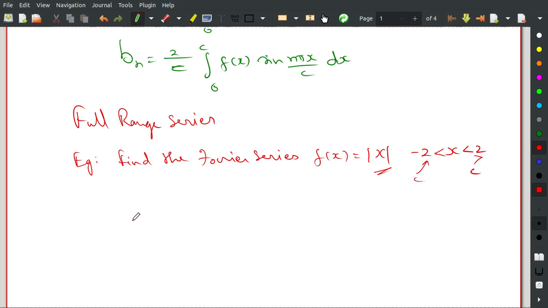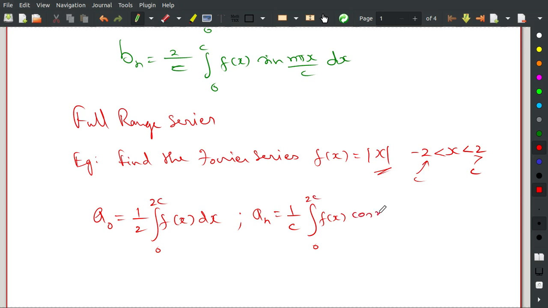So we have a full range series, and the formula is a0 equals 1 by c integral 0 to 2c, since this is a full range series, f of x dx. And an equals 1 by c integral 0 to 2c f of x cos n pi x divided by c dx.